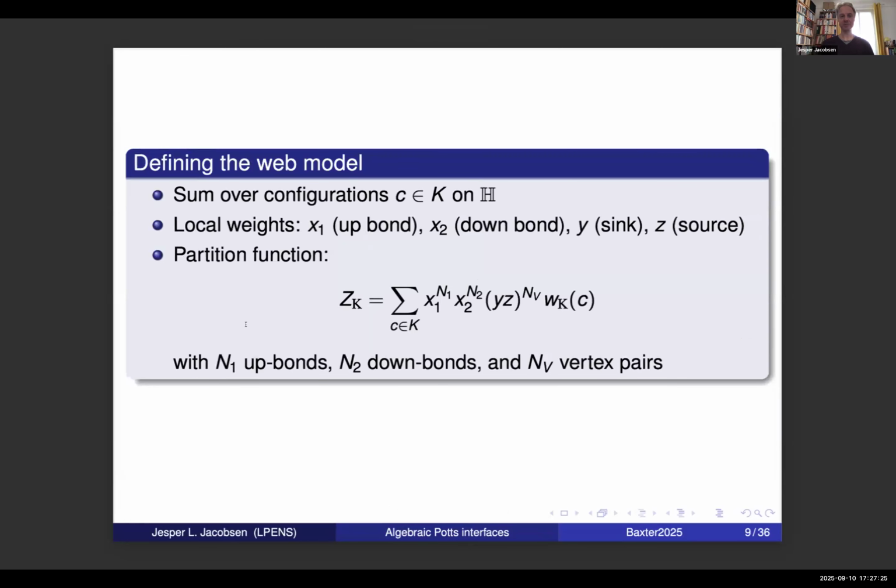And so now we are ready to define the model. So the partition function is the sum over all embedded cubic bipartite graphs. We are going to give some local weights to up bonds and down bonds. We are going to give weights to sink and source vertices, depending on whether they swallow or emit 3 arrows. And then we are going to multiply by this non-local weight, which is the interesting part of this model, which is called WK.